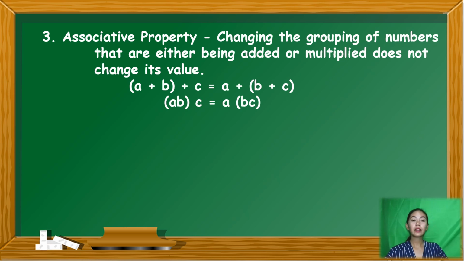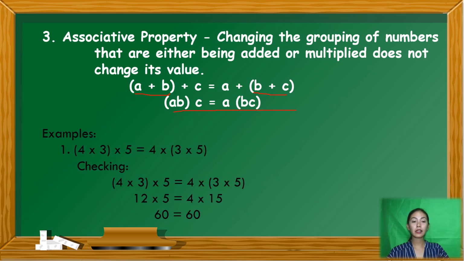If we have the quantity of a plus b, plus c, this is also equal to a plus the quantity of b plus c. Though the grouping was changed, the value is still the same. In multiplication, the quantity of a times b, times c, is equal to a times the quantity of b times c.